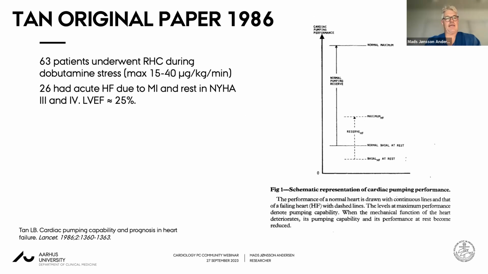And he took this equation and used it on 63 patients who underwent right heart cath during dopamine stress. Of these 63 patients, 26 had acute heart failure due to myocardial infarction. The rest were chronic heart failure in New York Heart Association class 3 and 4, and they had a median ejection fraction of 25%.